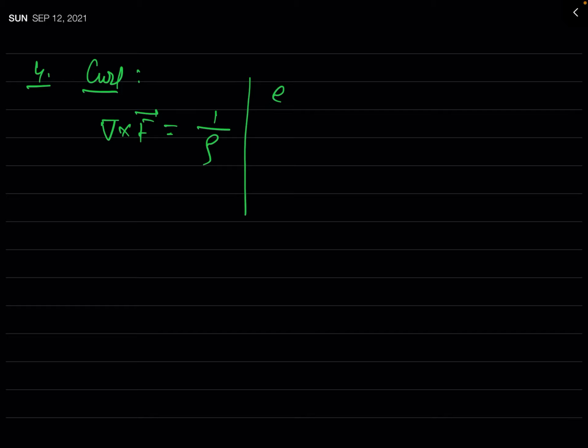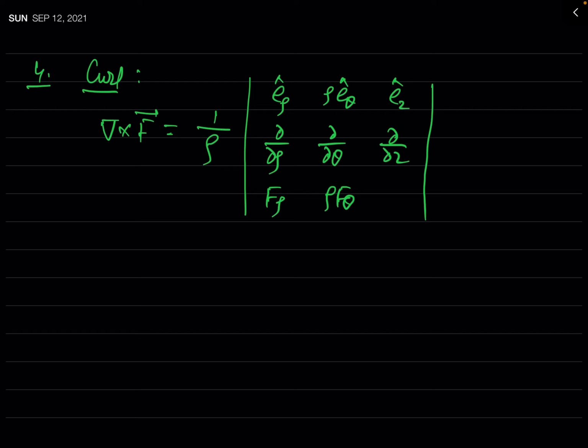This will be equal to the determinant with rows E rho hat, rho E theta hat, Ez hat, then del rho, del theta and del z, and then F rho, F theta and Fz. So this is the expression for curl.